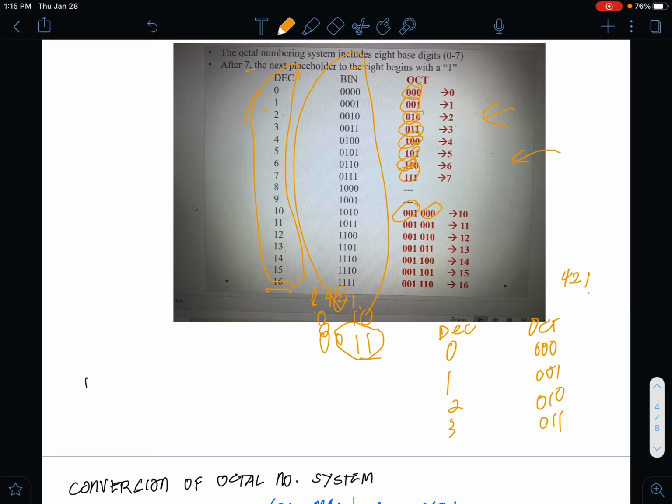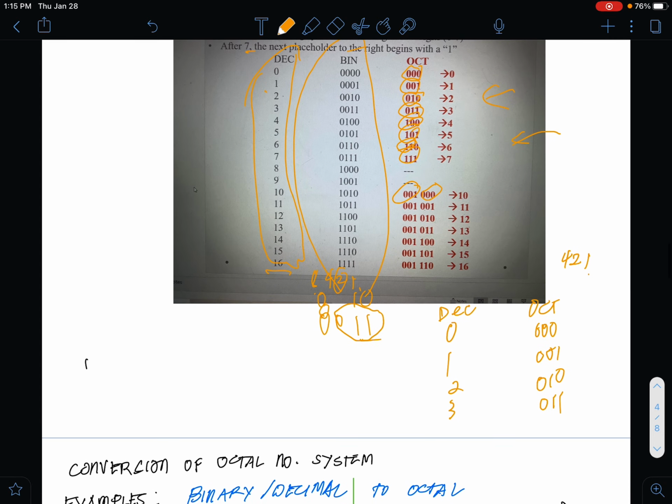Right? Now, what would happen if we make it 8? If our decimal becomes 8, 1 plus 2 is 3, right? Plus 4, 7. So, which means that 8 in decimal and 9 in decimal have no equivalent in octal.